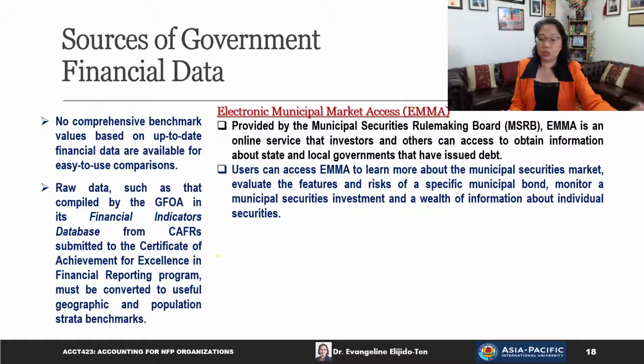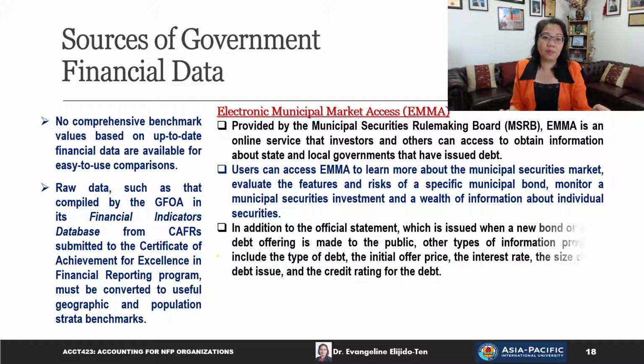I've actually gone to the website, and it shows on the front page, the home page, the whole map of the United States. And when you click on each of these states, you can go to a particular government that has issued debt. So there's a whole wealth of information that you can mine from this website.